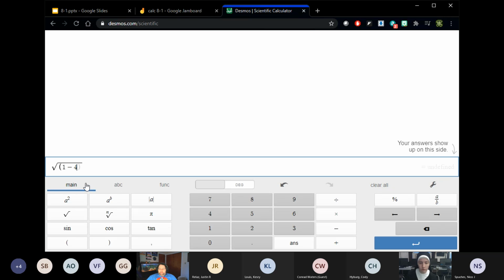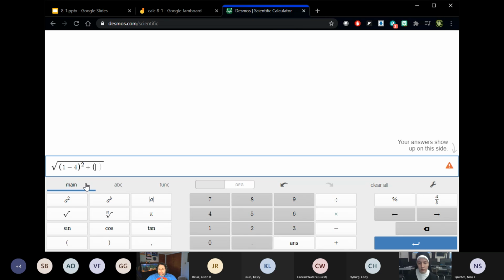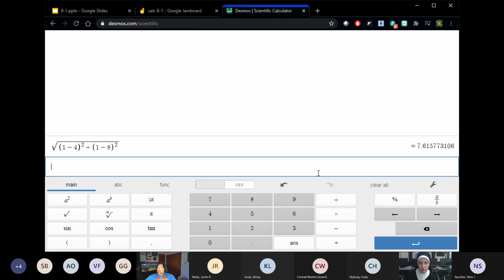So 1 minus 4. So we get the 7.615. That would be the answer if I just did the distance between those 2 points.